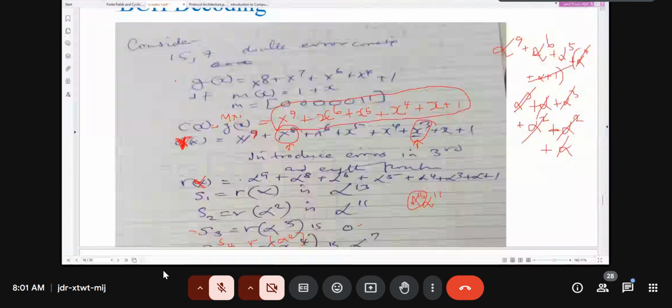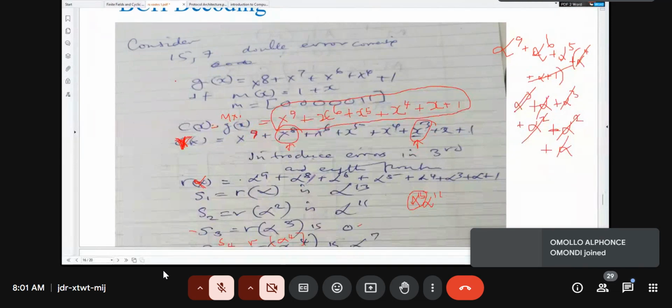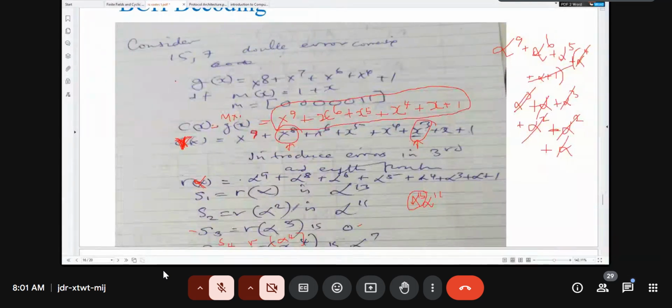So 1 times alpha to the power of 6. So for this case, this will simply become alpha to the power of 6. This is alpha to the power of 24. No, 32. So this will just be alpha to the power of 2. I think you can see that. So this becomes alpha to the 32, because of alpha to the 15, that is simply alpha to the 2.